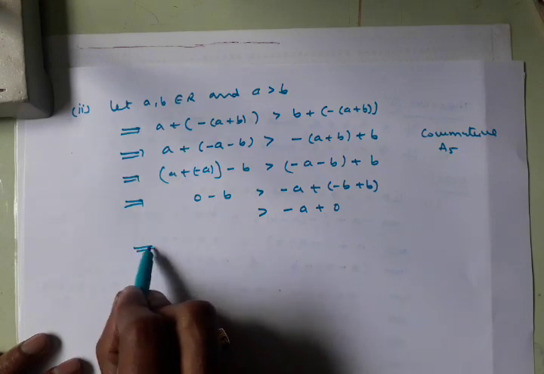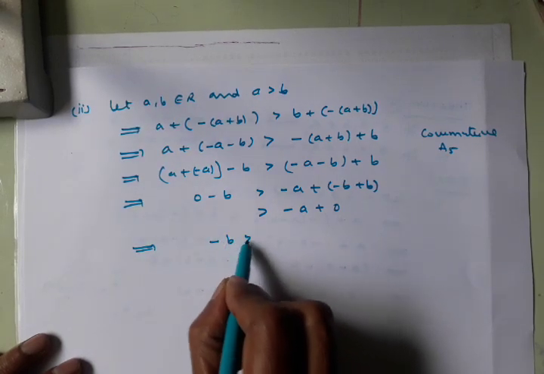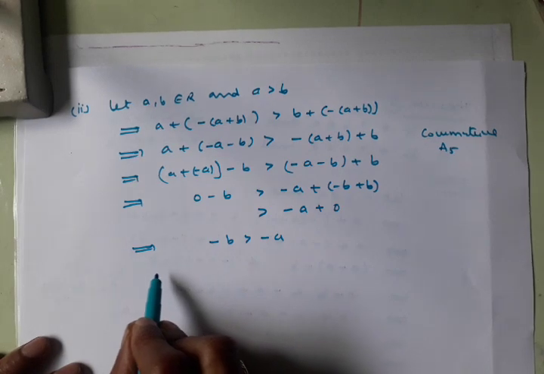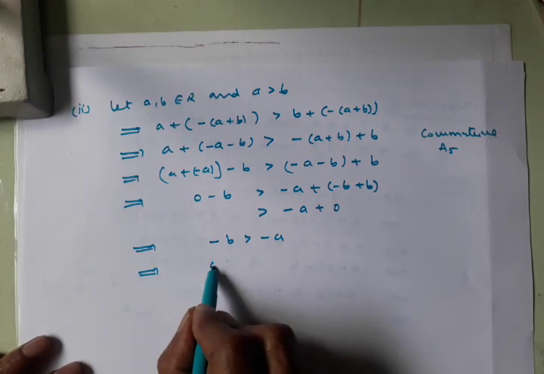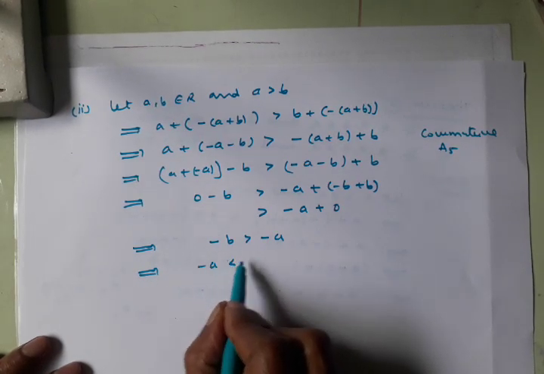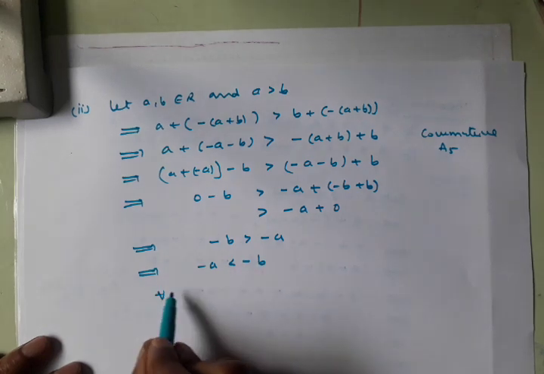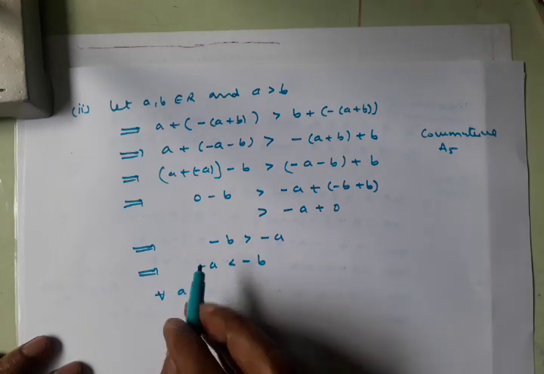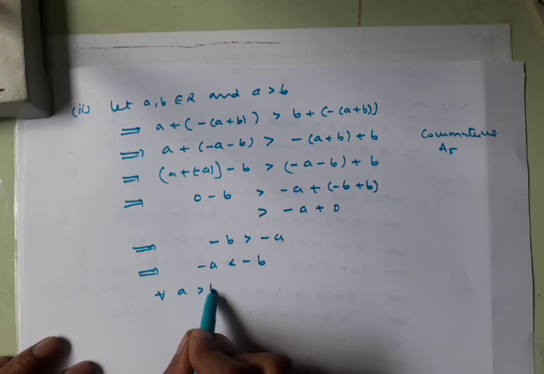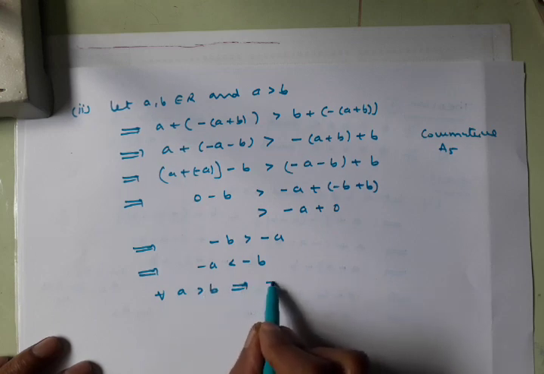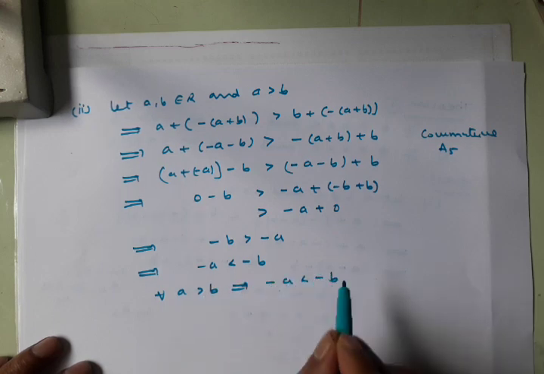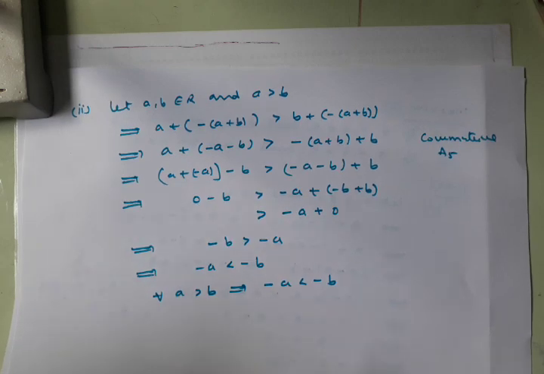This implies minus b is greater than minus a. Implies minus a is less than minus b. So for all a greater than b implies minus a is less than minus b. The result is true.